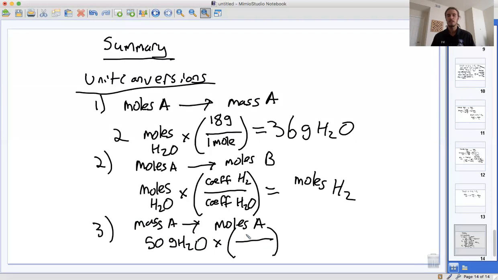In this case, you need to have moles on the top and grams on the bottom. So the conversion factor is flipped, right? It's 1/18 instead of 18/1. And so this is going to give you moles.